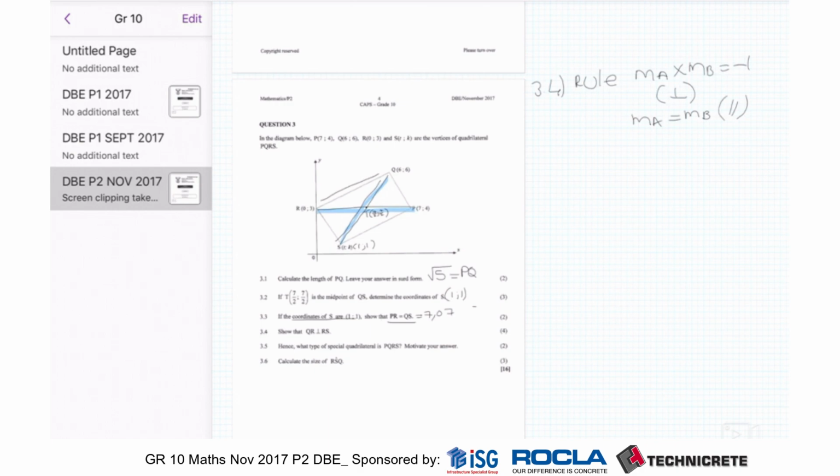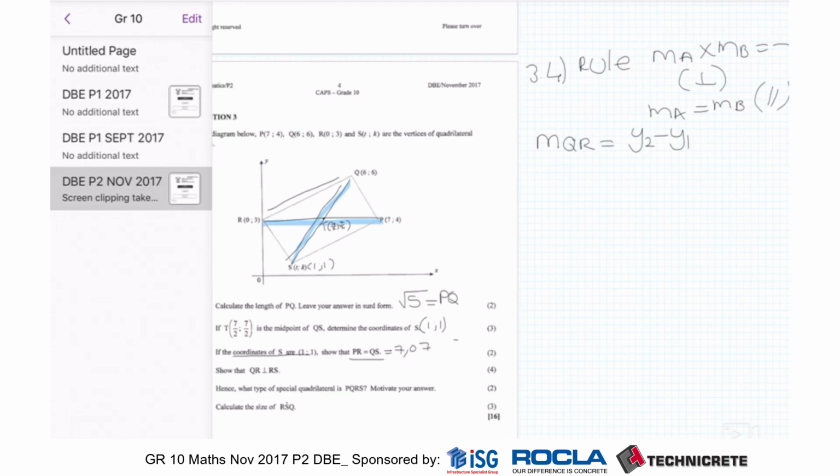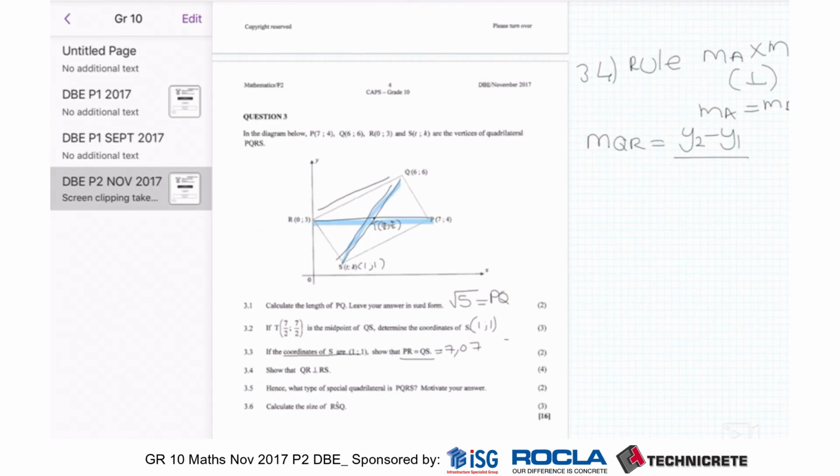In order for us to prove that they are perpendicular, we've got to find the gradient of QR first. Gradient formula: y2 minus y1 over x2 minus x1.